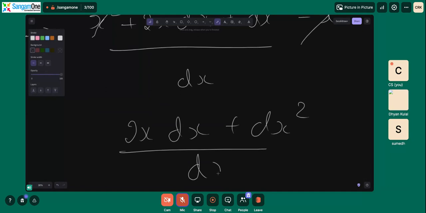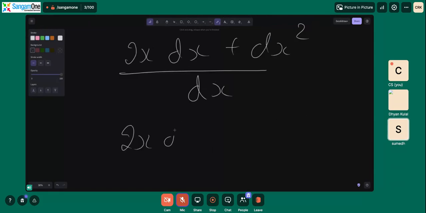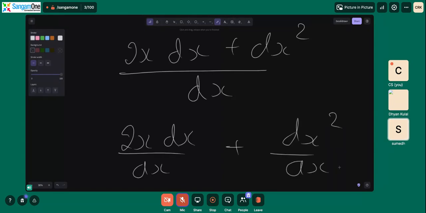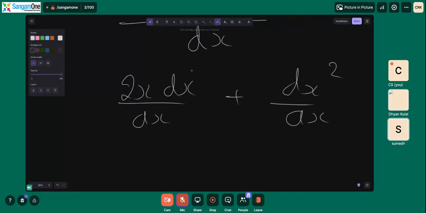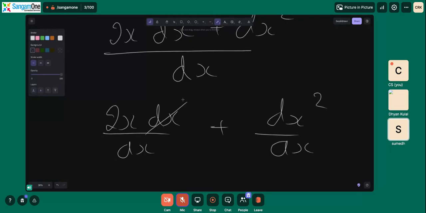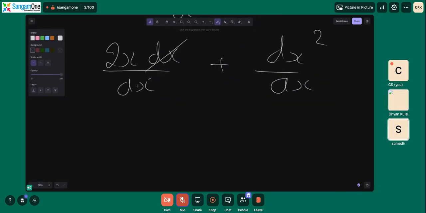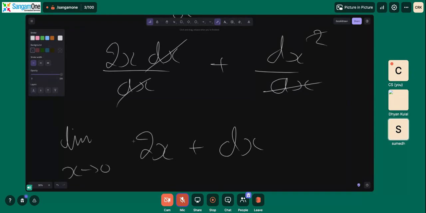Before applying the limit, let us split this into 2x dx by dx plus dx square by dx. Now dx cancels, dx cancels. The remaining is 2x plus dx, and I still have the limit. Don't forget the limit, dx tends to 0.